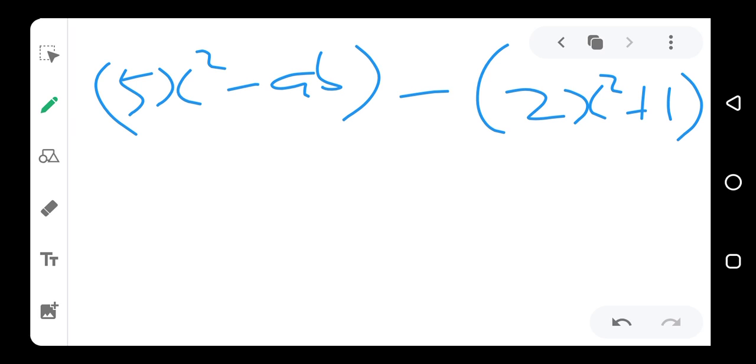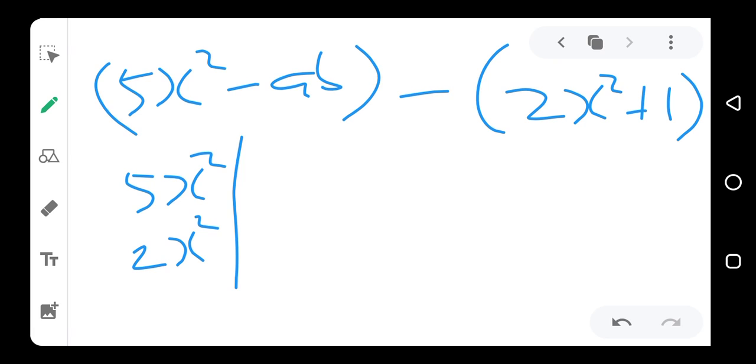Now how do we do this? The first column, 5x raised to power 2. Any other term with the same variable and the same exponents? We have 2x raised to power 2. That is under the same column.